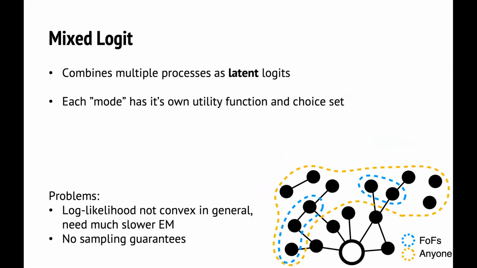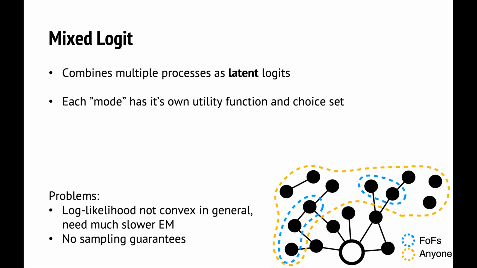If we go back to the mixed logit, this is a perspective that does allow for modeling this a little bit better. You can, for example, think that for connecting to a friend, you have much more information and you can define a more complex utility function.